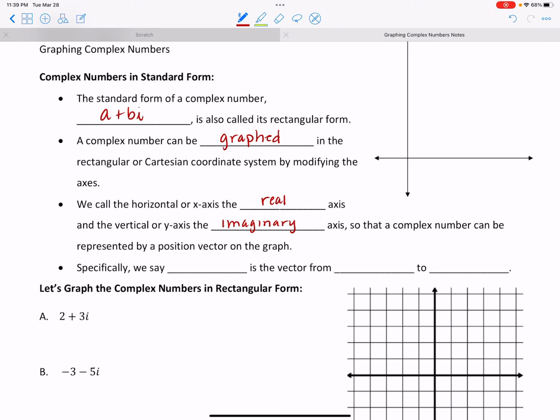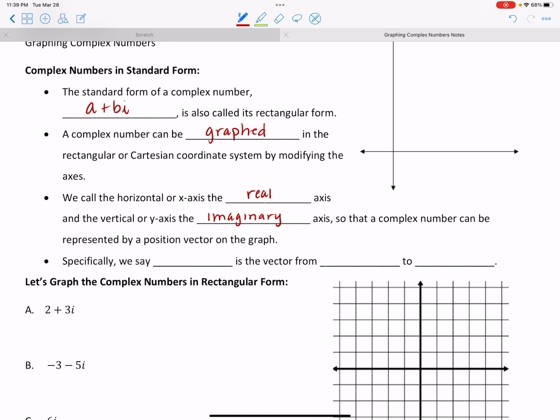Specifically, because we're going to put it in the rectangular coordinate system, where we're generally dealing with x's and y's, vertical and horizontal movements, instead of calling it a plus bi, we're going to call it x plus yi, but it functions the same way.